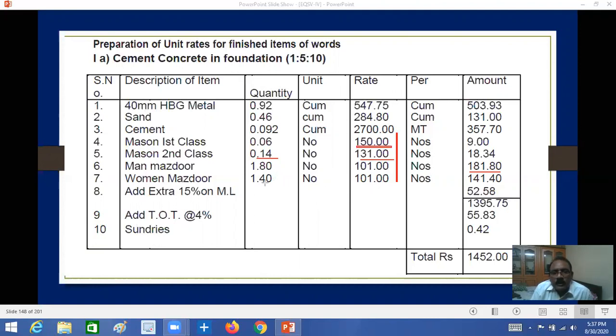Suppose for 10 cubic meter work, 40 women labor are required, like that. So this is calculated for 1 cubic meter, so 140, 1.4. And additional miscellaneous, you have to add 52.8.